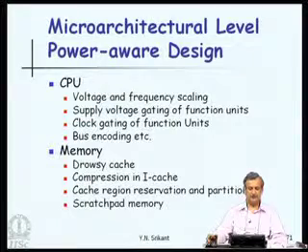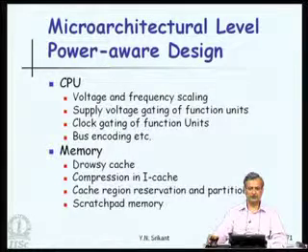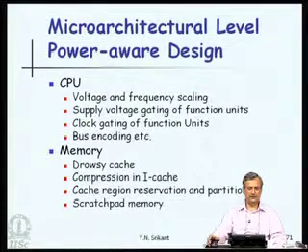We are going to look at each of these in a little more detail. Then we can gate the clock of function units, and we can do some bus encoding for the buses inside the CPU. And on the memory front, a new type of memory called the drowsy cache can be utilized.